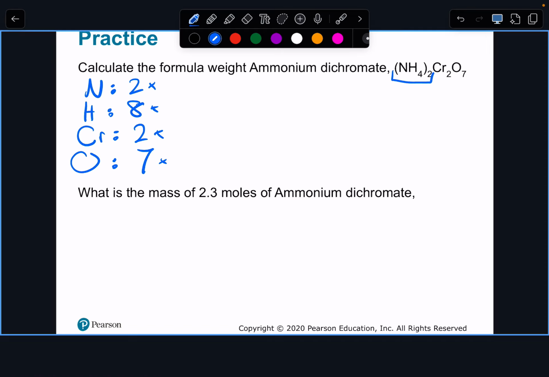Okay, so I've just written down the total number of each one, and now I'm going to go look up the masses. And then add all of those together.